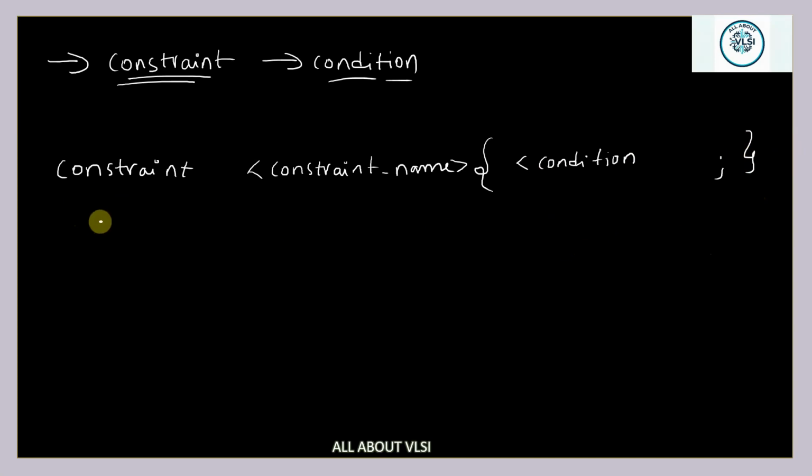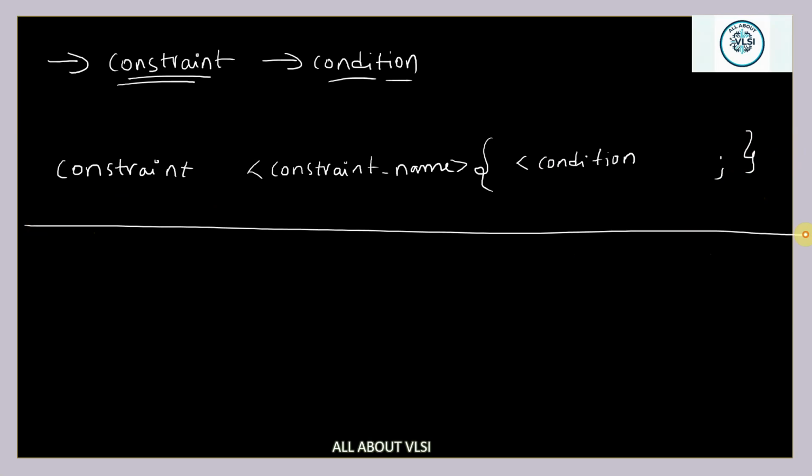For example, let us see one example. Let's say I have a simple class, and the class name is test. Here I'm going to declare a rand int a. a is one of the variables which I'm going to declare.